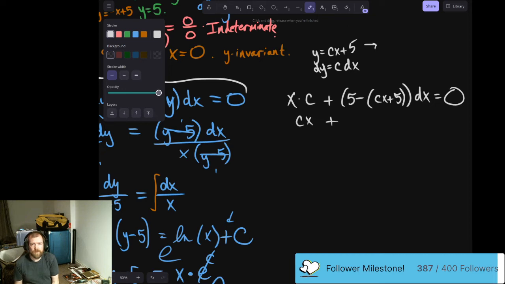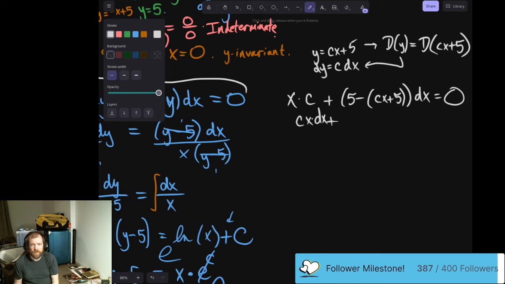Right, so we go over here, this is the derivative of y equals cx plus 5. That gets us that. So this is c dx. Don't get cute.